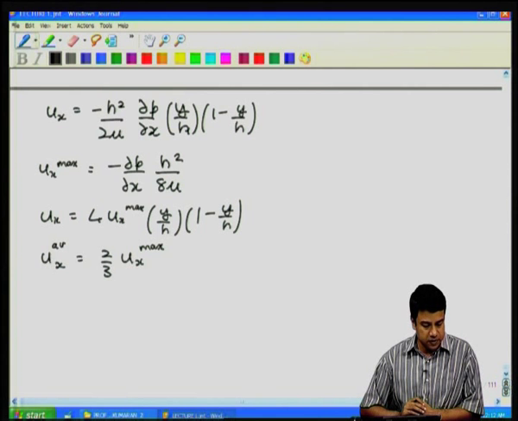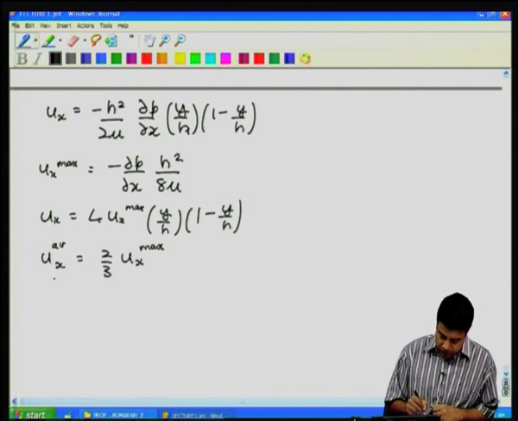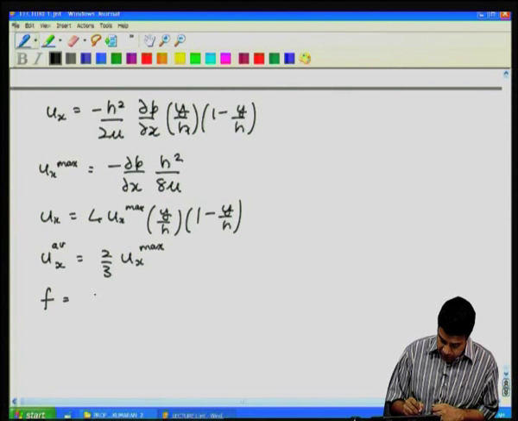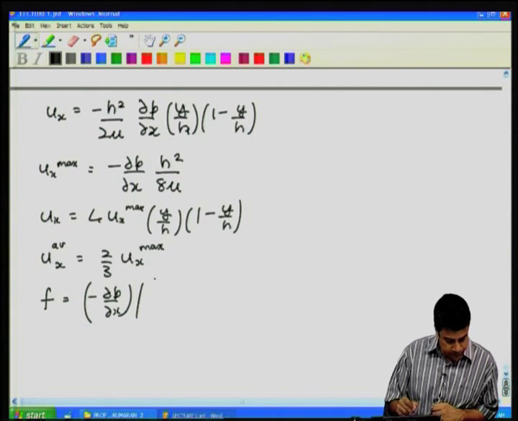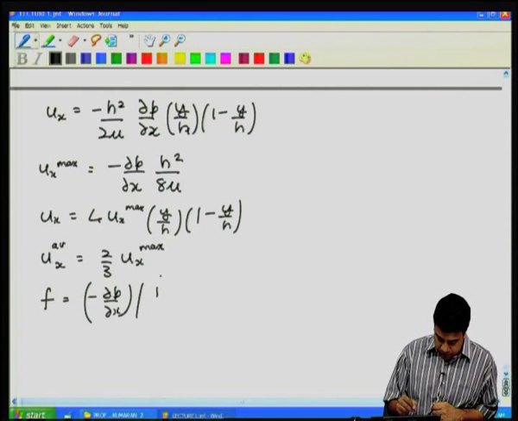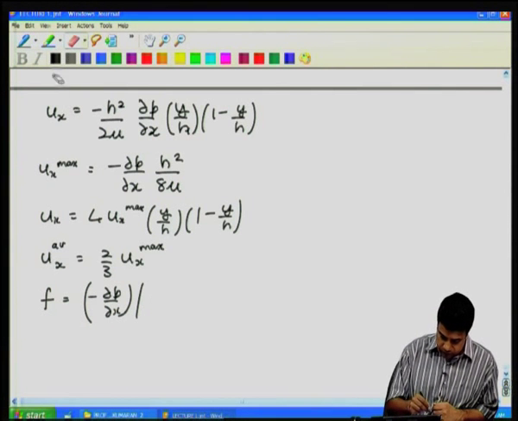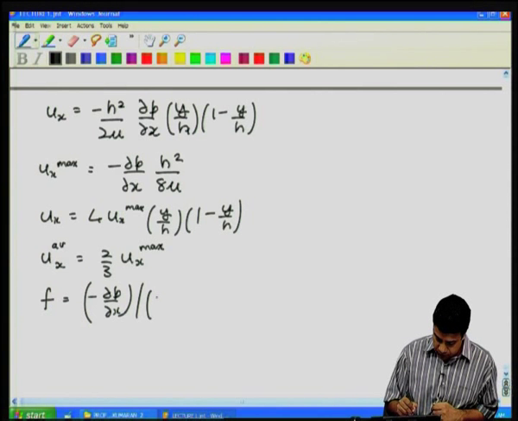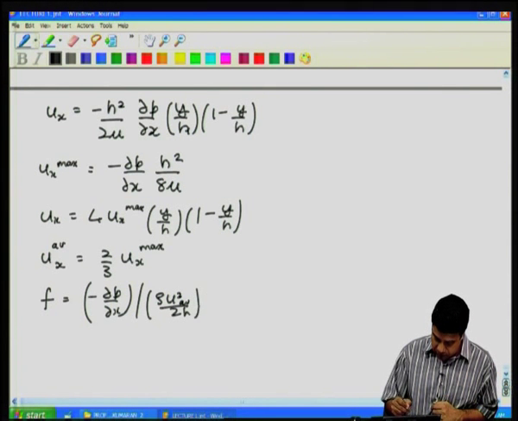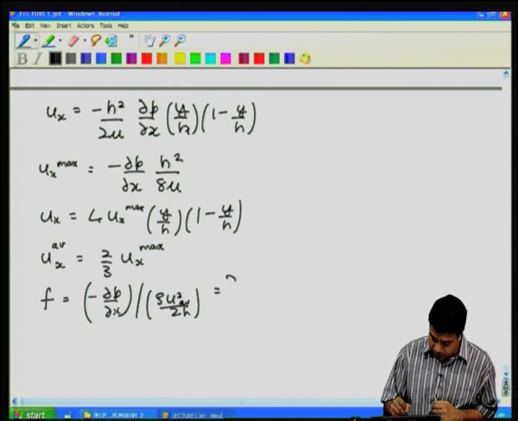And on that basis, you can calculate the friction factor. The friction factor f for this flow is defined as minus delta p by delta x divided by rho u average square by 2 h, which ends up giving you 24 by the Reynolds number.